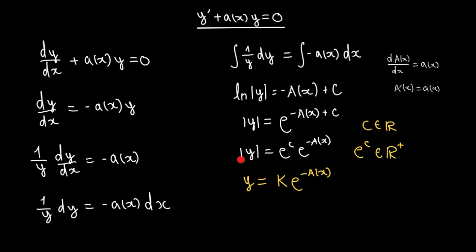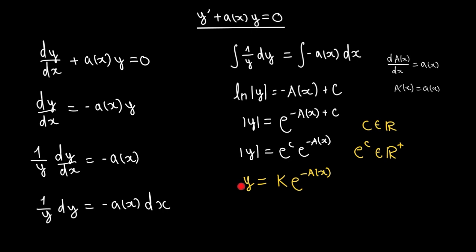So we have that the absolute value of y is e to the c times e to the negative capital A of x. Well, the absolute value always spits out a positive number. And we want just y, not the absolute value of y. And so y can be either a positive or negative number.